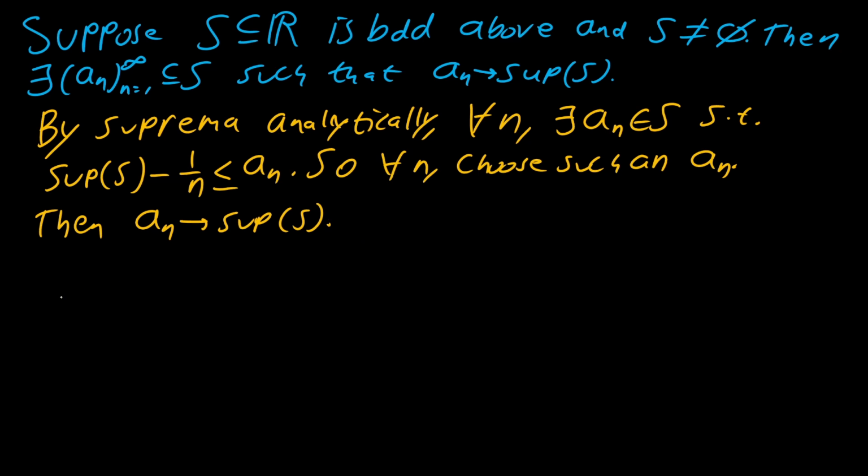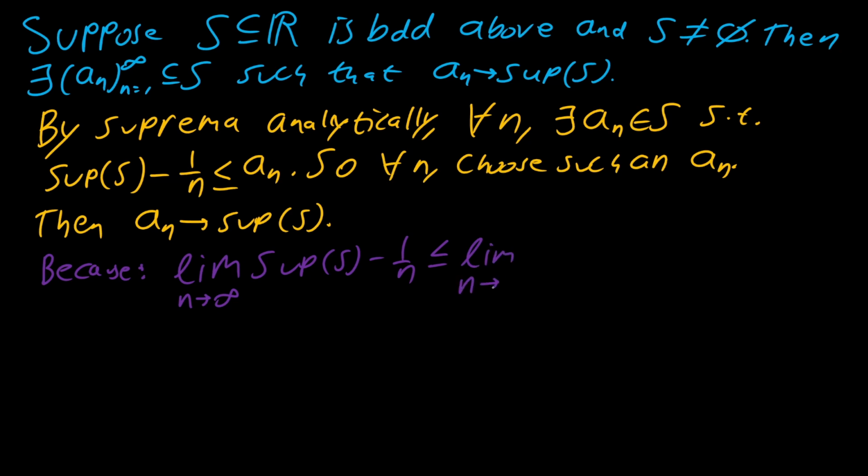Well, how do we know this? Let's use purple. Because the limit as n goes to infinity of sup S minus 1 over n should then be less than or equal to the limit as n goes to infinity of a_n.